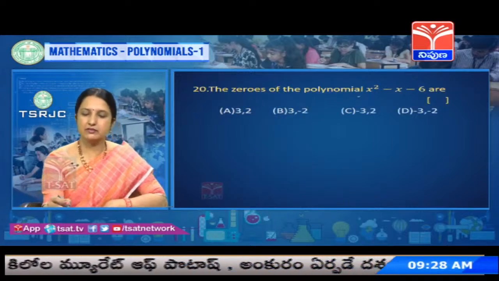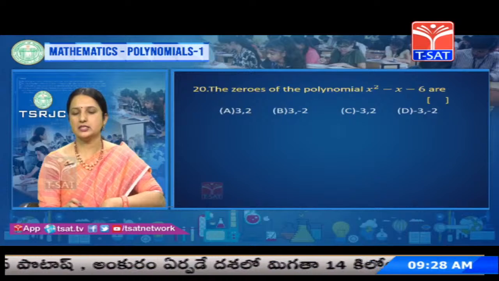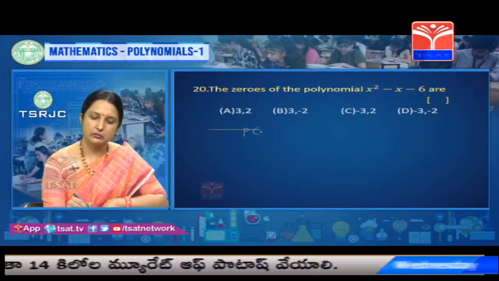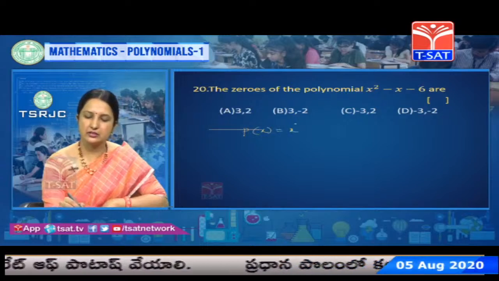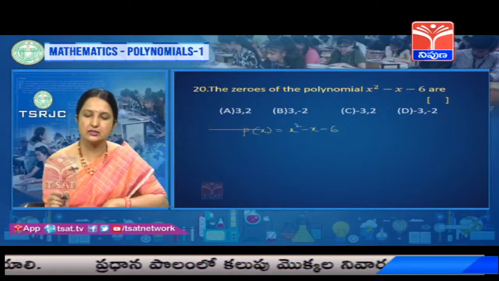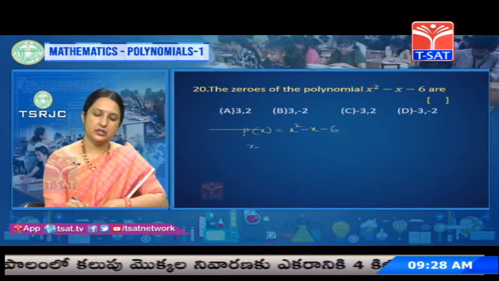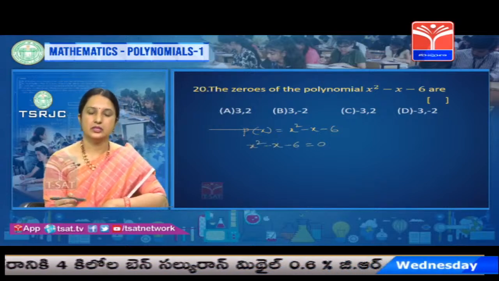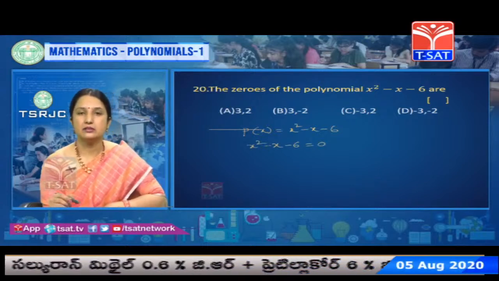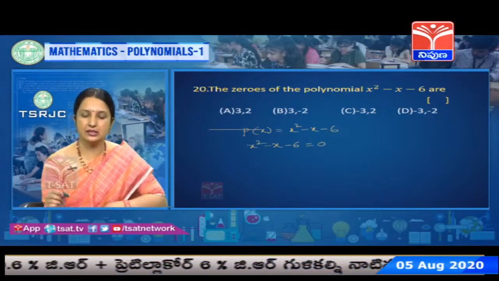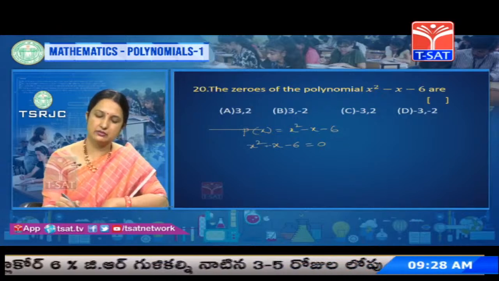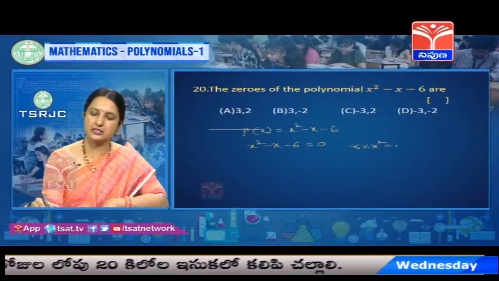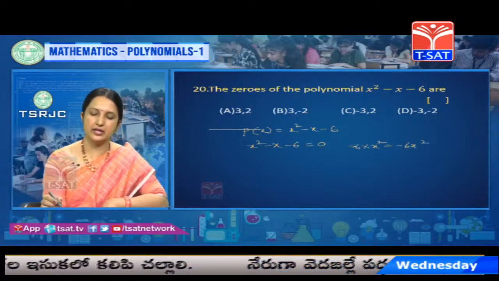Next, the zeros of the polynomial x square minus x minus 6. P of x equals to x square minus x minus 6. We equate this equals to 0. So how to find the factors, you have learned in 9th standard: first term into last term, minus 6 into x square is minus 6 x square.